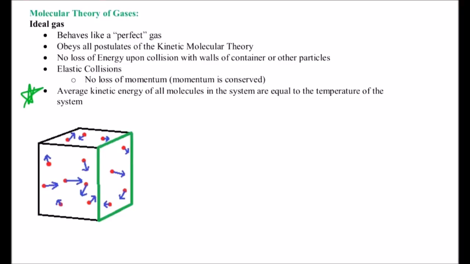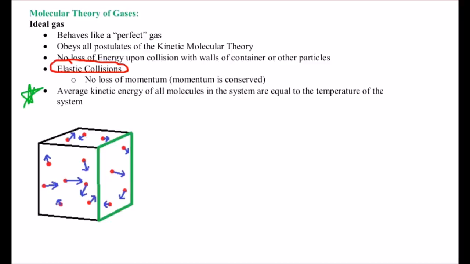One of them is that there's no loss of energy upon collision. In other words, they are elastic collisions, okay? And we remember that from our momentum section, I hope, that elastic collisions are going to conserve momentum, and they're also going to conserve kinetic energy.